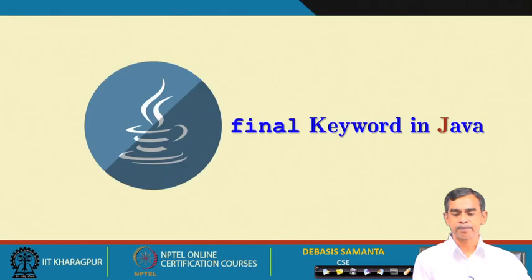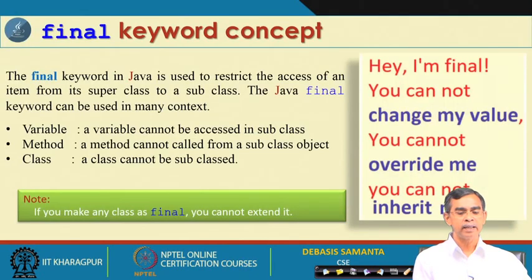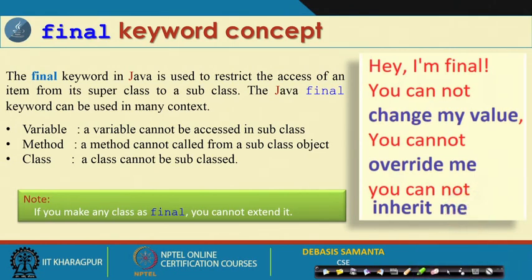Then the final keyword is a strict keyword. If we declare a class as final, then this final class cannot be used for inheritance. So, no class can be derived from the final class, that means a final class cannot be a superclass.